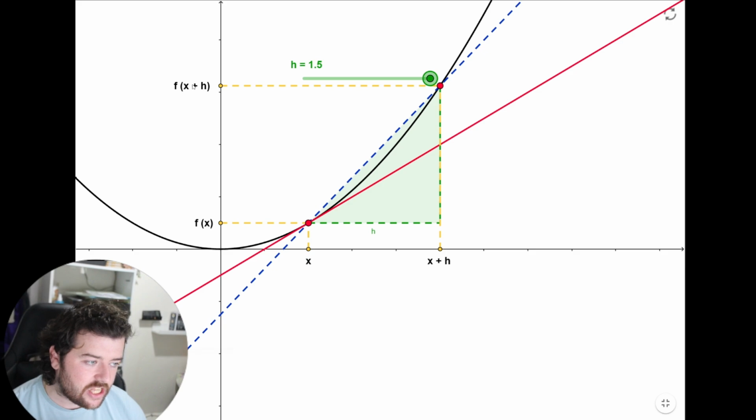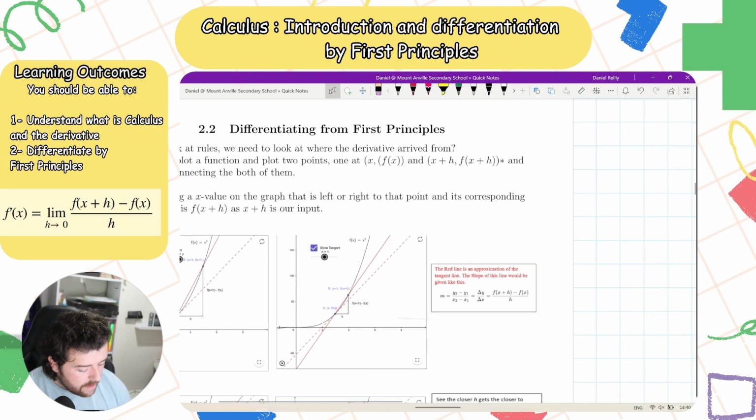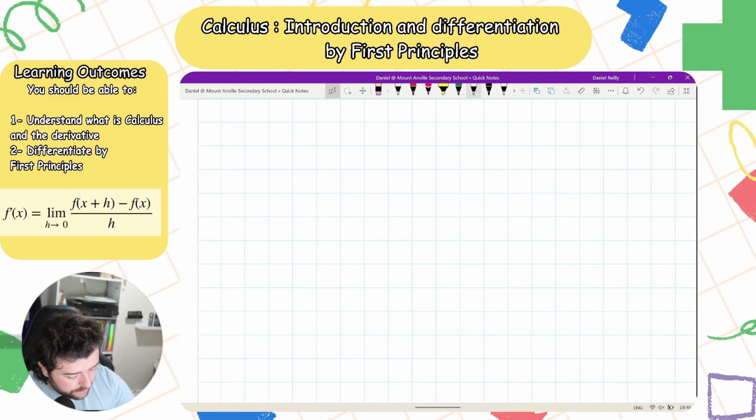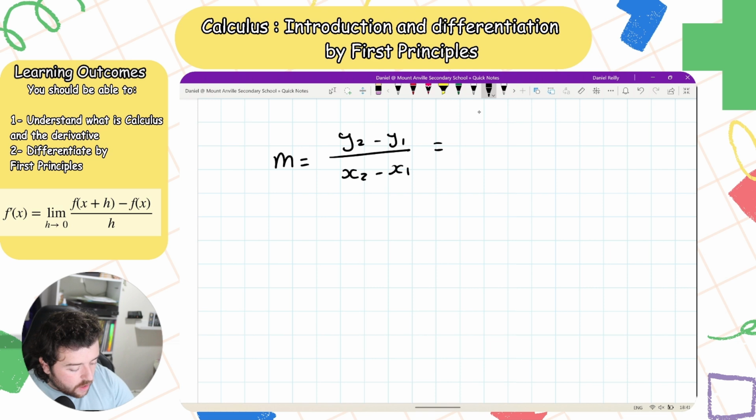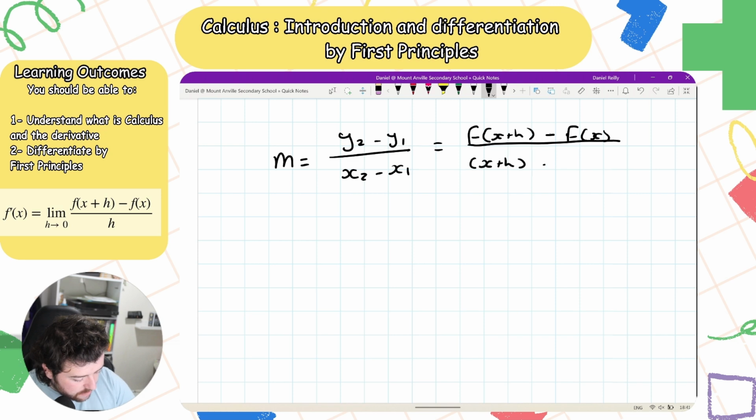Now, remember my slope formula. Slope is equal to y2 minus y1 all over x2 minus x1. So my y coordinates are f of x plus h and f of x, and my x coordinates are x plus h and x. So the slope is f of x plus h minus f of x all over x plus h minus x.